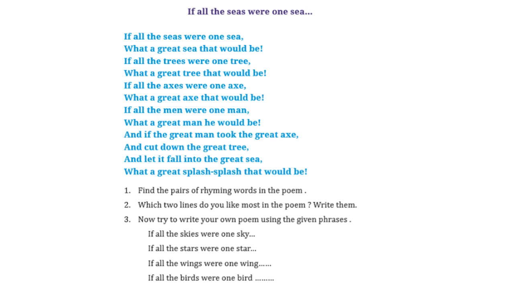Here are the phrases. If all the skies were one sky. If all the stars were one star. If all the wings were one wing. If all the birds were one bird, what would happen? So children, use your creativity and write a poem.